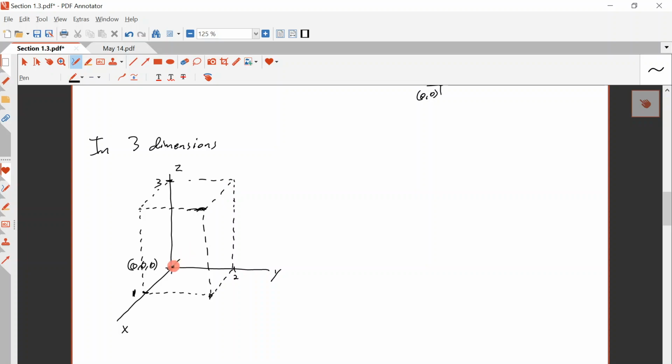And the vector would go from the origin to this point, which has coordinates x equal to 1, y equal to 2, z equal to 3.